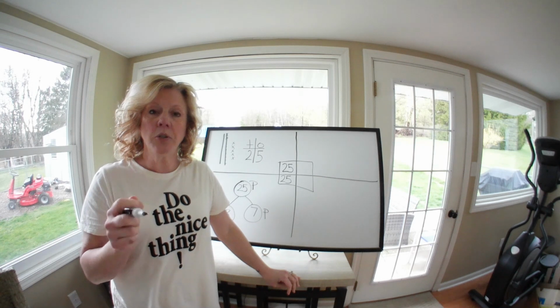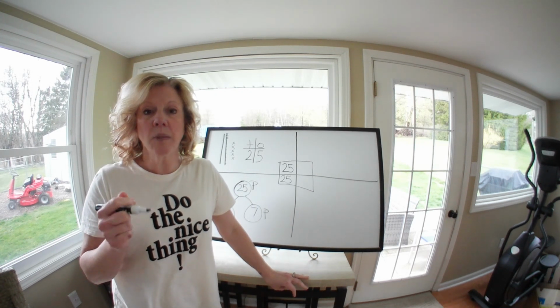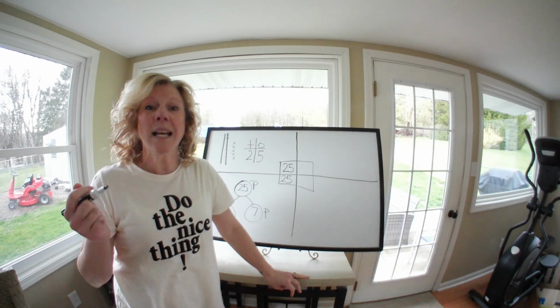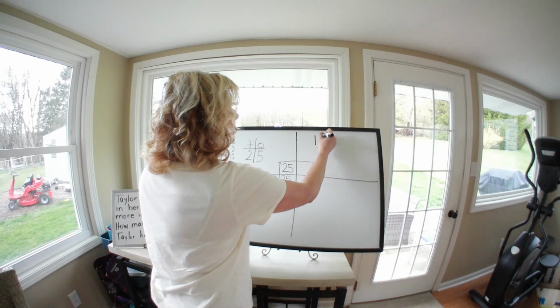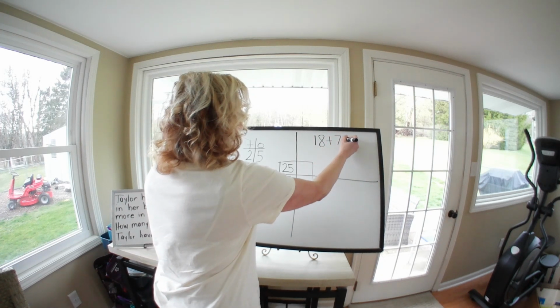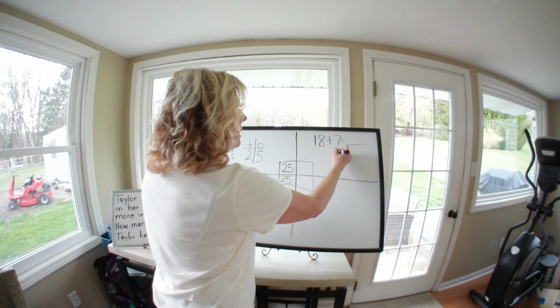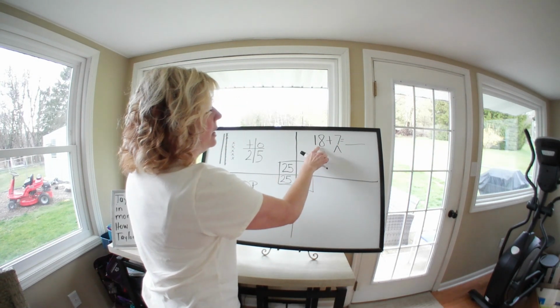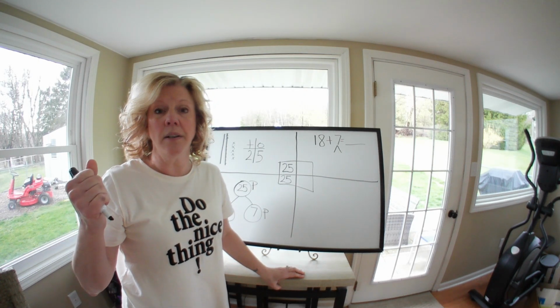Now, here comes the tricky part. This is the part where we're going to use a number sentence, but we're going to do it the make a 10 way. So I have 18 plus 7, and we know that equals something. So what I'm going to do is break apart this number because I need to bring this 18 up to the nearest 10.